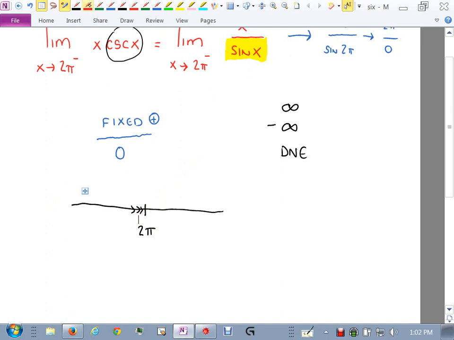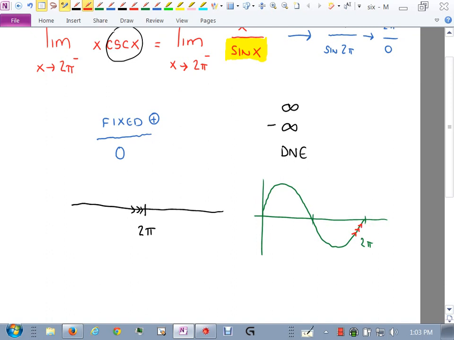So next to this, I'm going to graph sine. Here's 2 pi out here. Sine goes up, comes down, comes back up like this. That's your standard sine curve. And I'm trying to approach 2 pi from the left side, so shouldn't I be on the curve right here? I'm coming in, approaching 2 pi.